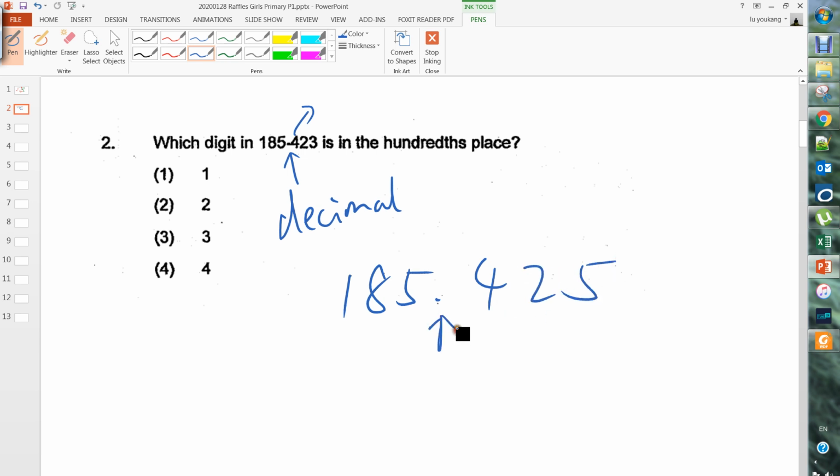If this is the decimal place, which figure is 1? The 4th is thousand. This is the decimal place.